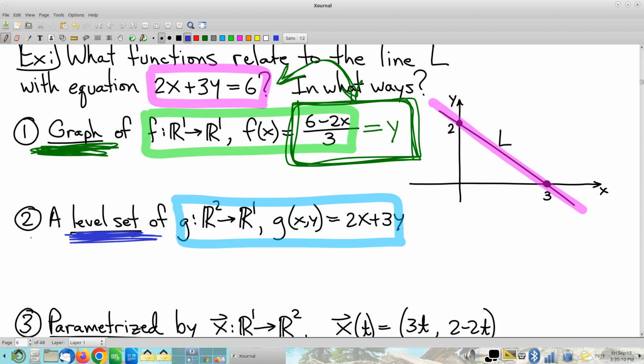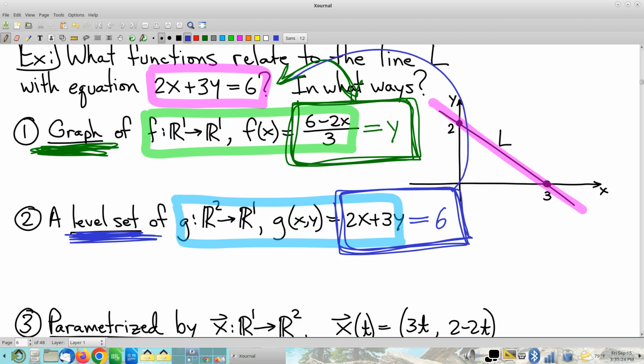Level set means I'm going to set this equal to a constant, and I can set this equal to any constant I want. I'm going to choose 6. And then, sure enough, I end up with not only an equivalent equation, but literally exactly the same equation. So that was easy.